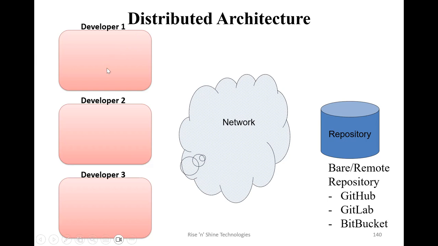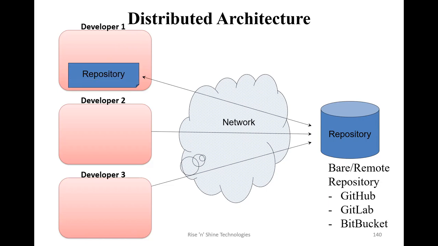First I need to get the code to my developer system. So the operation we do is clone. Whenever we clone the remote repository, the same copy is replicated in our developer system.